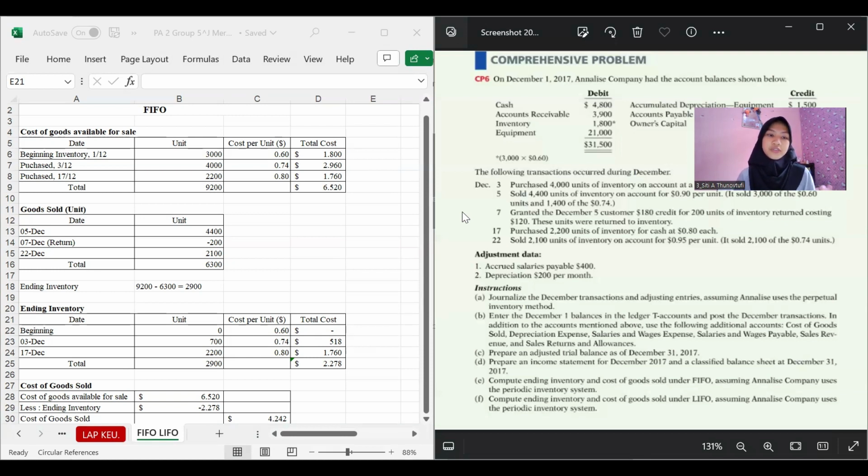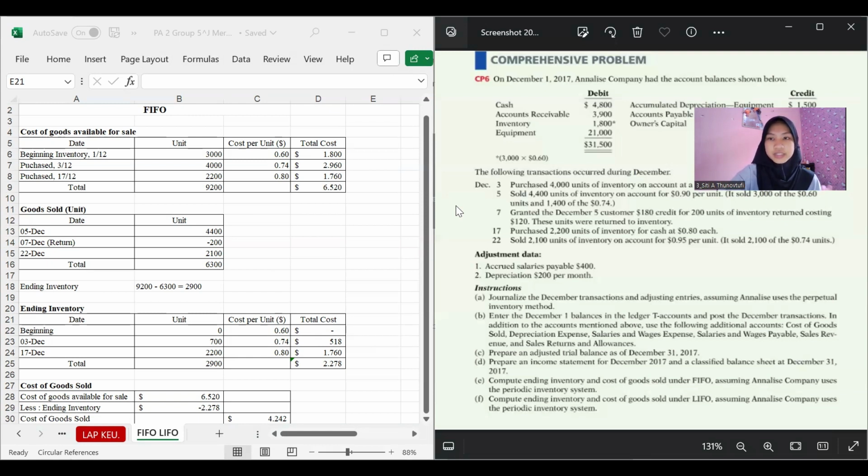Then the inventory from December 17th has 2,200 units with a total cost of $1,760. So the ending inventory of this company is 2,900 units of goods with a total cost of $2,278.